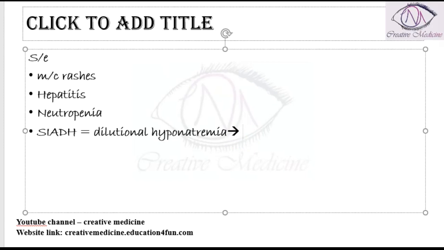In dilutional hyponatremia or in syndrome of inappropriate ADH, there is retention of water in our body. As a result, this side effect can be converted into a use, by using carbamazepine in diabetes insipidus.